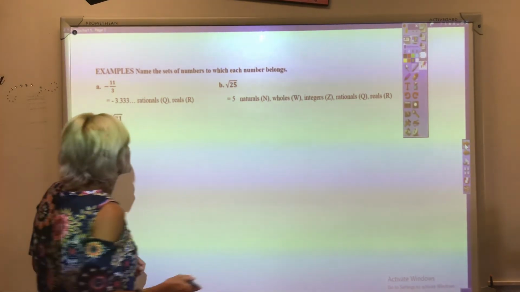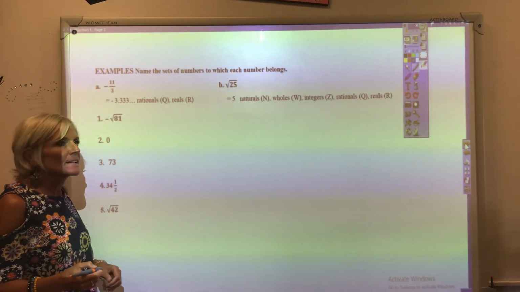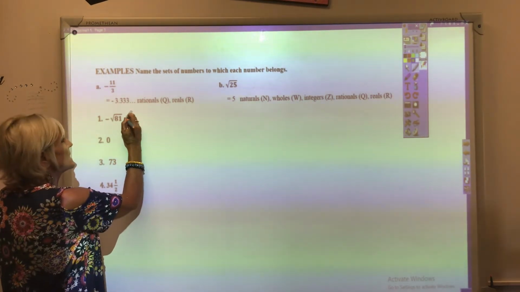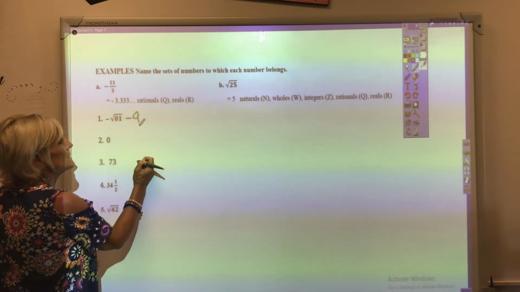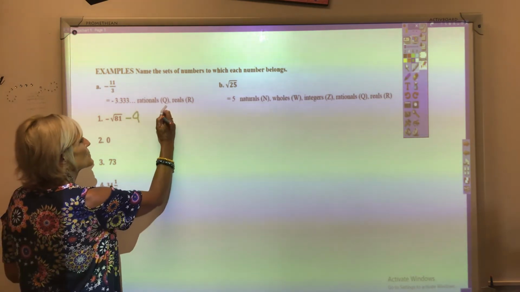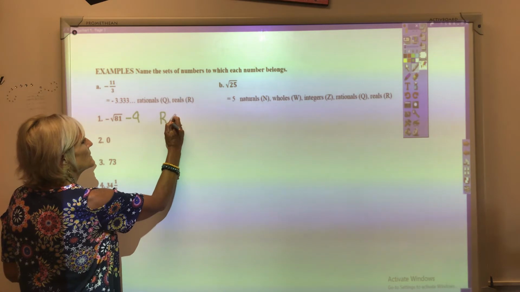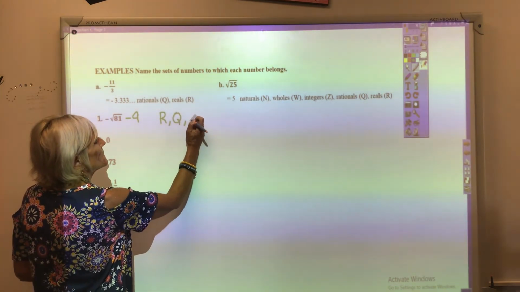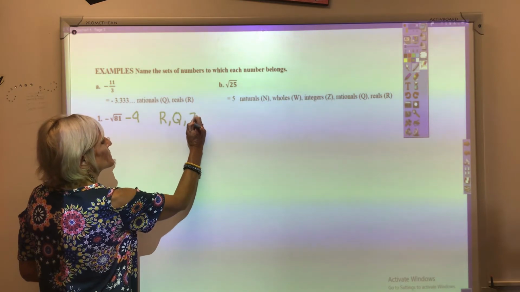So if we try our examples, negative square root of 81 simplifies to negative 9. Negative 9 is real, it's rational, and it is an integer.